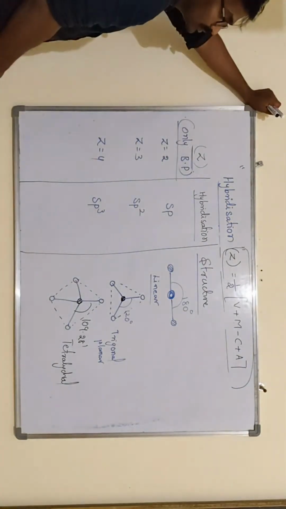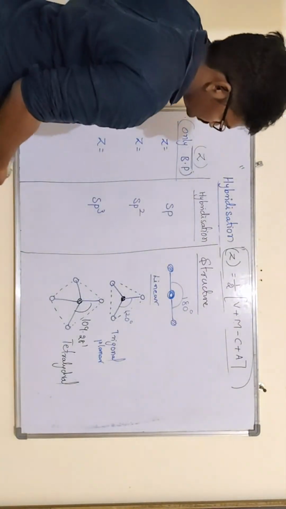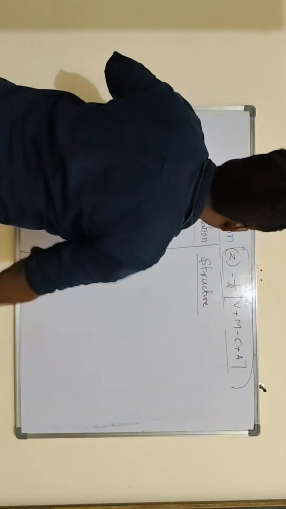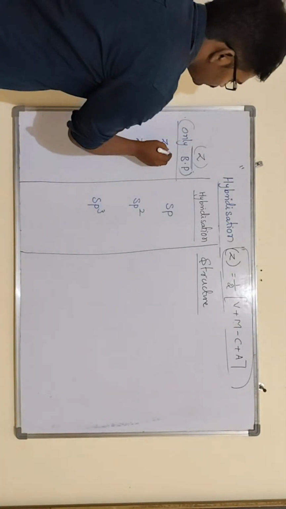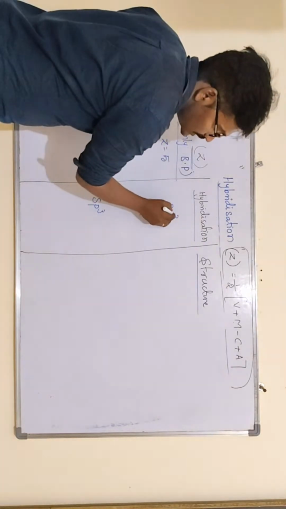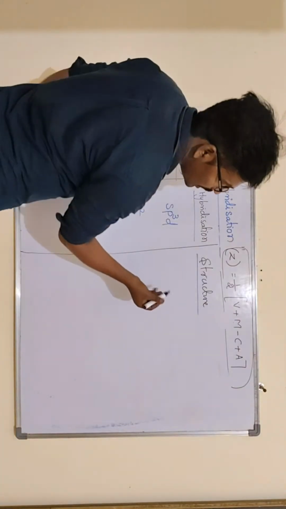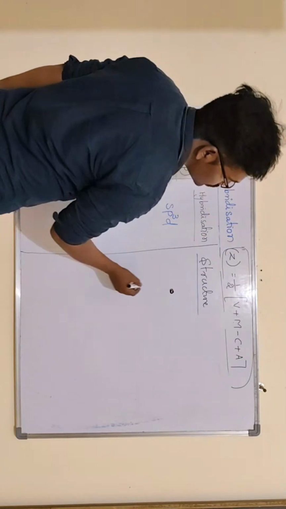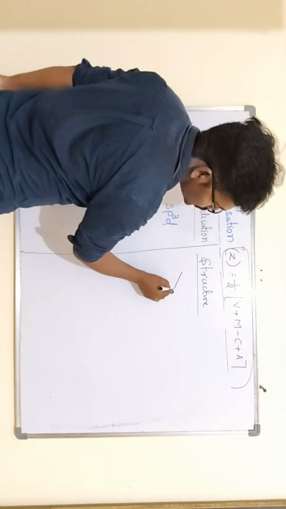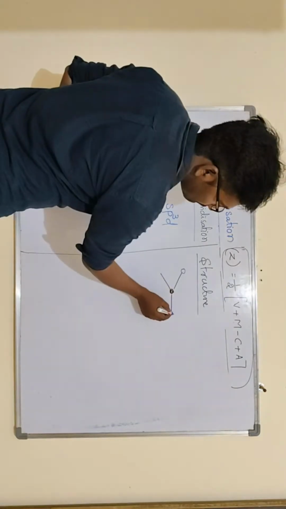Next, look at, sir, in case Z value 5 is there. Z value 5 is there. Nothing but bond pairs are 5. So sp3d hybridization. So sp3d hybridization, central atom chuttu 5 bonds untai. So how? 1, 2, then 3. So 3 bonds are present in one plane.